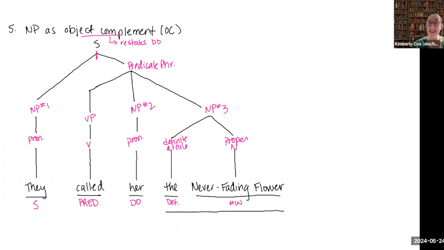So it restates the direct object in a new way. And as a result, it functions as the object complement. So that's our noun phrase number 3, because the never fading flower is another name for her. So once again, here we have 3 separate noun phrases. Each one of them is performing a different function in the sentence.